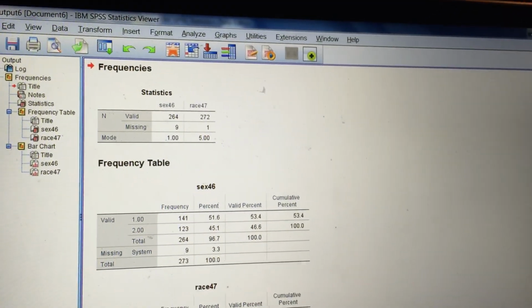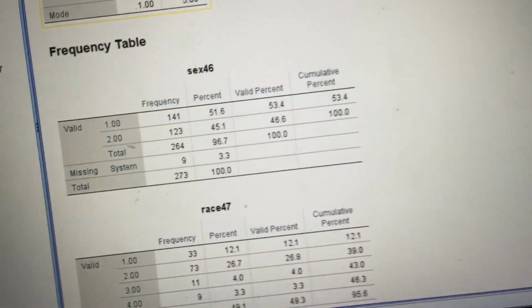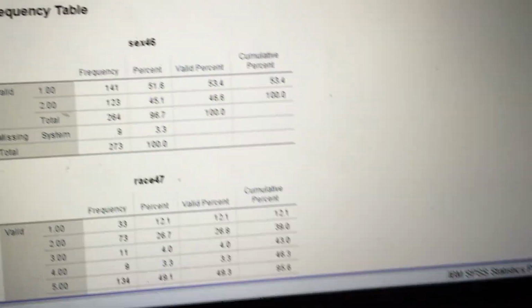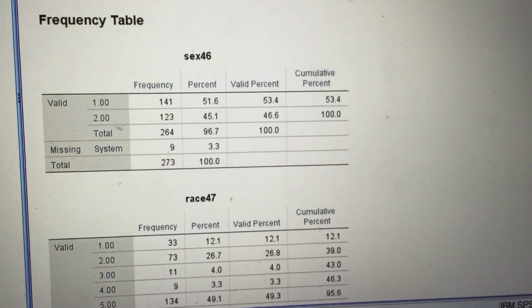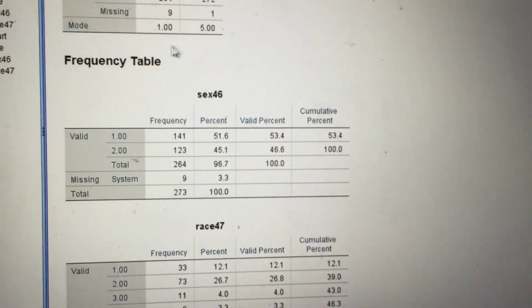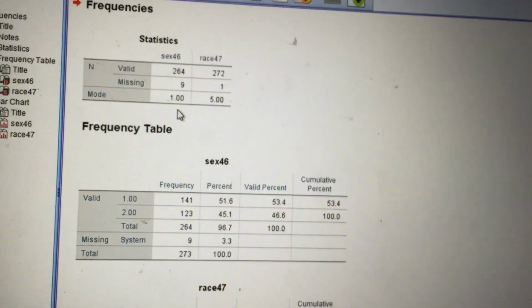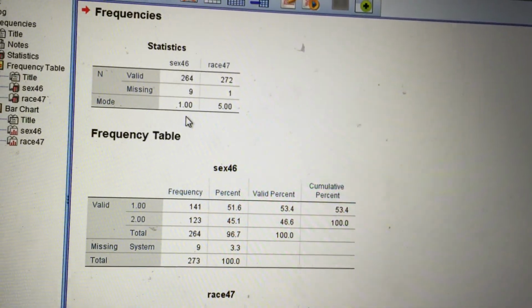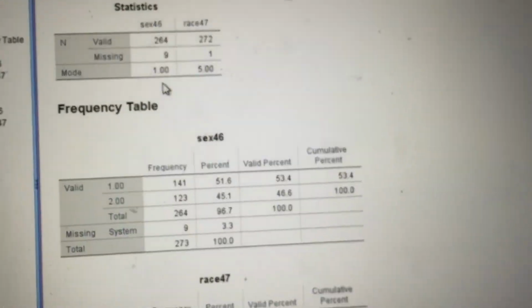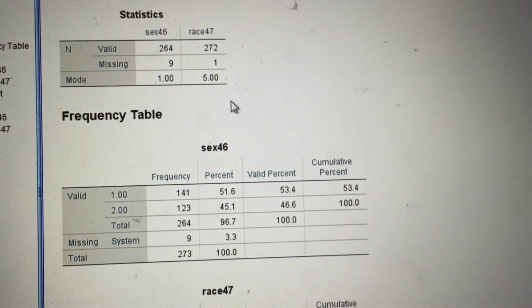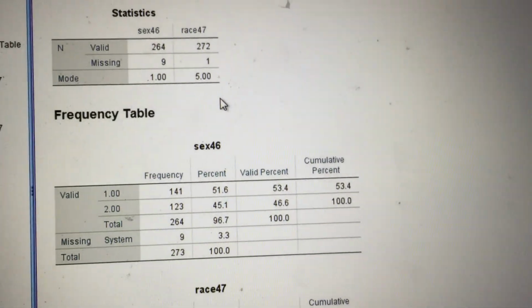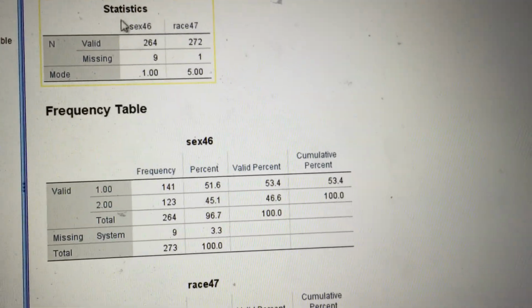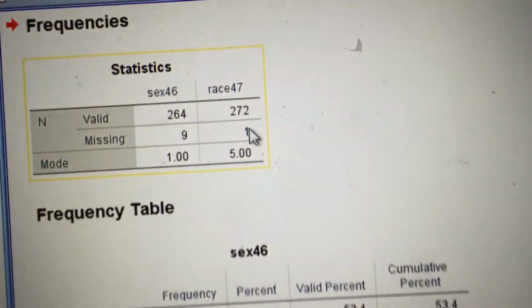And here you go. Here we have the two nominal level variables, sex 46, race 47. We see that the mode, or the most commonly appearing sex in this, is male. That's what 1 stands for, and the most commonly appearing race is white or Caucasian. We have 9 missing values for sex and 1 for race.